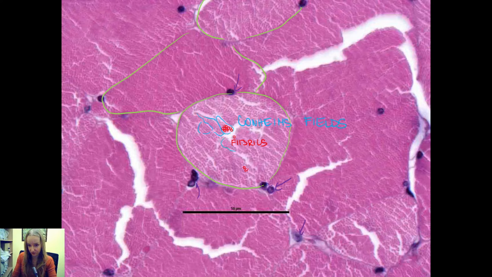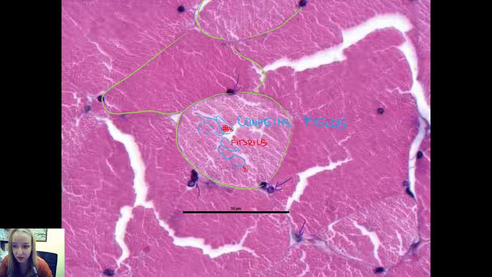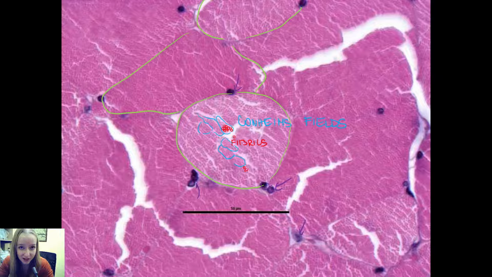They look like this, just like bundles of myofibrils, I guess. This is the normal look of the cross section of a muscle fiber. Also, once again, it's a very big magnification, so you can see it clearly right here.